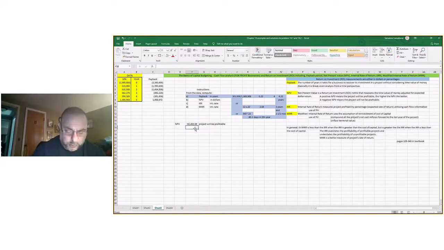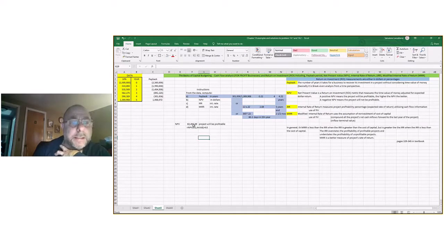And just to show you what I entered in the Excel formula, I hit equals, typed in NPV, and then I clicked on cell A2, comma, and then I clicked on A4 to A8, close the parentheses, and then added what was in A3. So that's the actual formula that I entered.